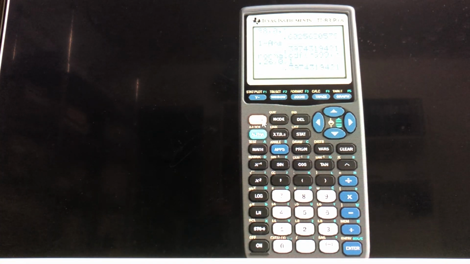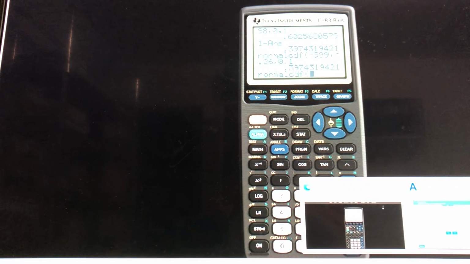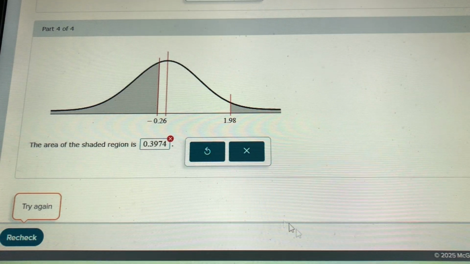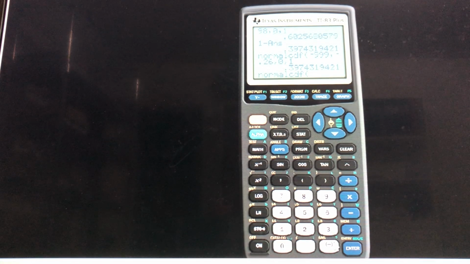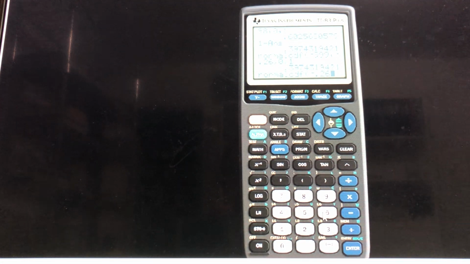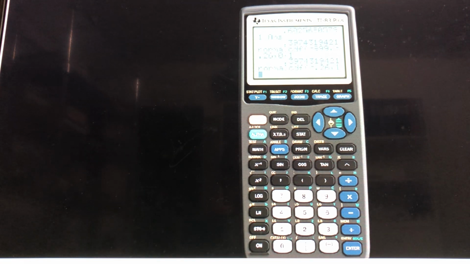Let me try that other one again. Normal CDF, was it negative 0.26 or did I type it wrong? Negative 0.26 to 1.98 was 0 and 1. Yeah, I must have typed that wrong earlier because I got the same answer this time doing a different method.